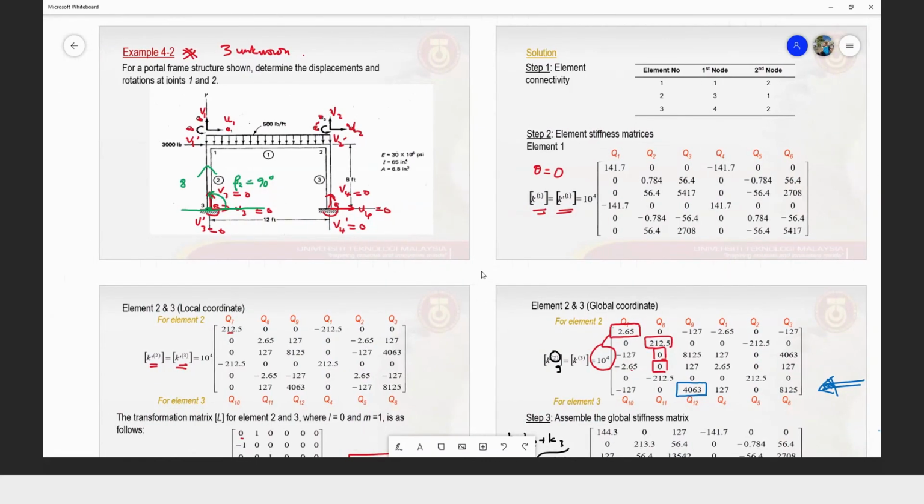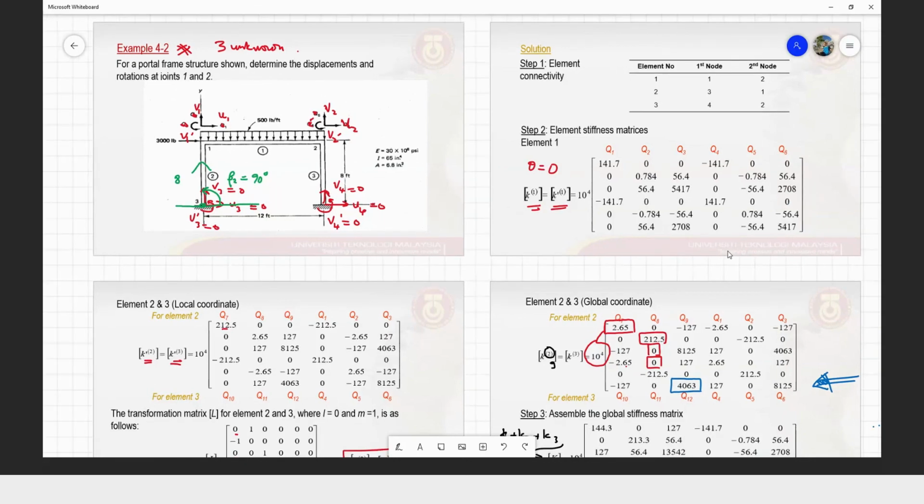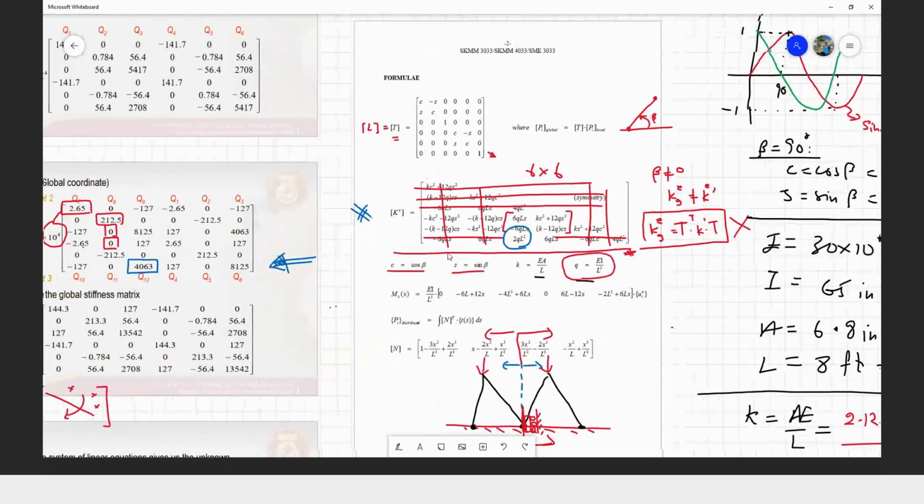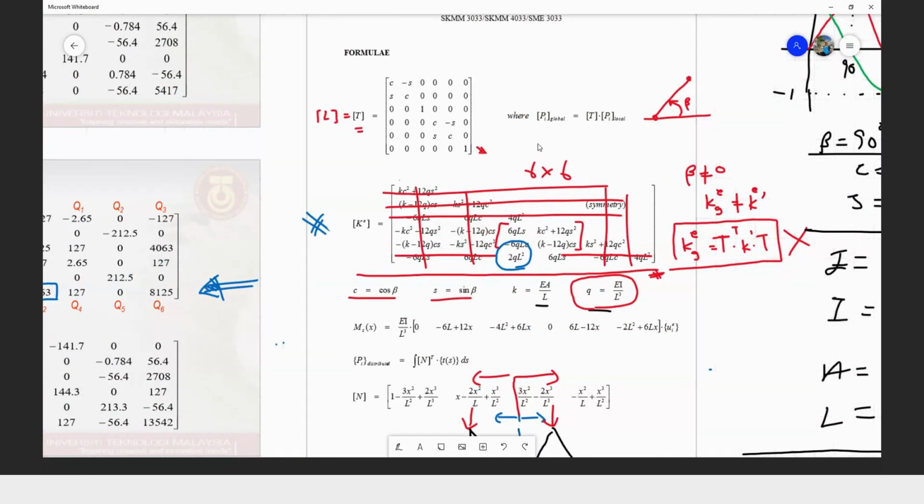And then mungkin selepas kamu buat selesai satu rows pun kamu dah penat dah kat situ kan. So saya recommend kamu try, tapi untuk for the sake of the test exam, do not use that approach. Tapi gunakan approach yang kita supply dalam this separate document.